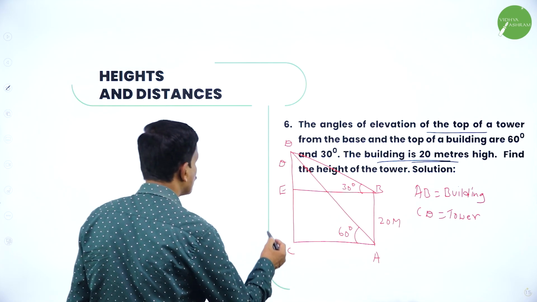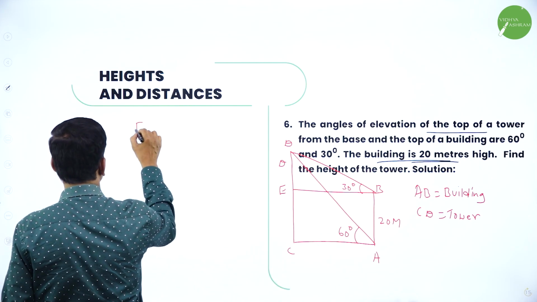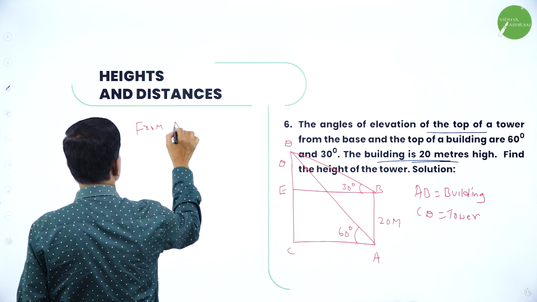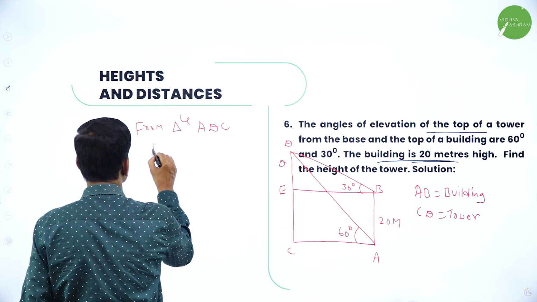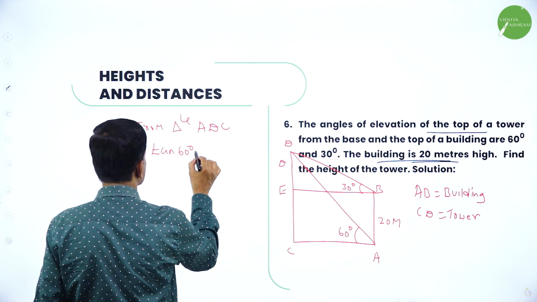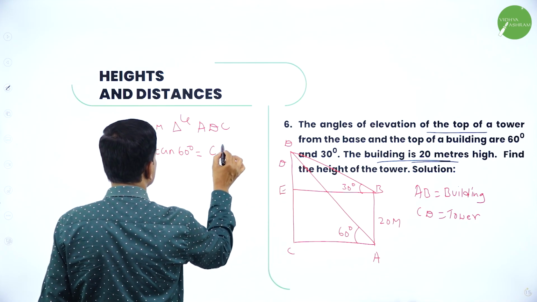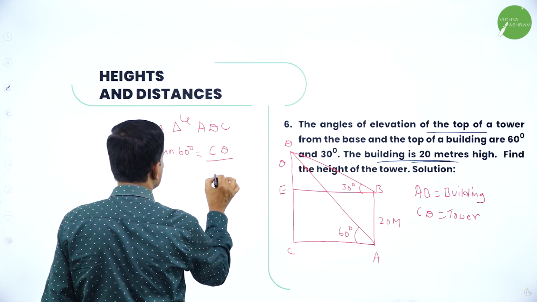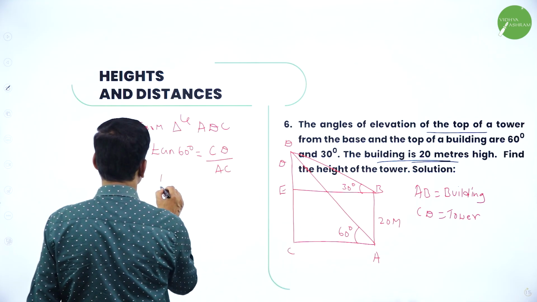Now, let us find out from triangle ADC, tan 60. From triangle ADC, tan 60 is equal to the total distance CD divided by AC. What is tan 60? Tan 60 is root 3.